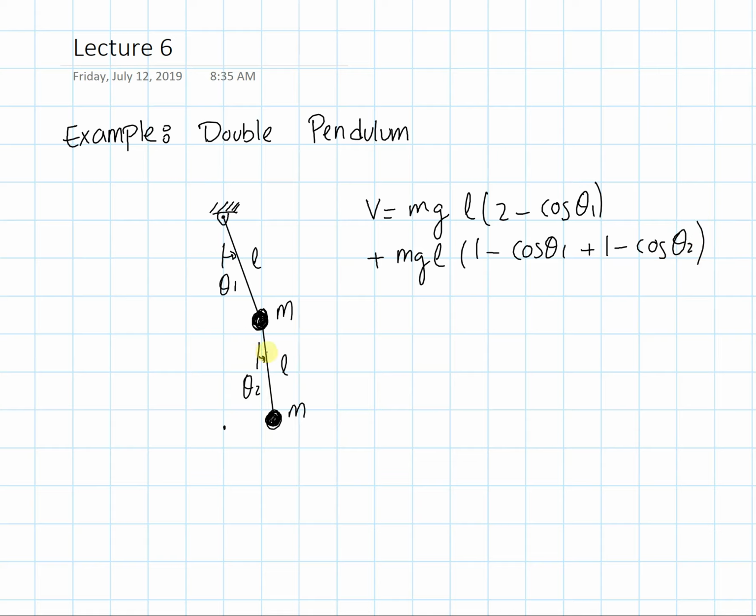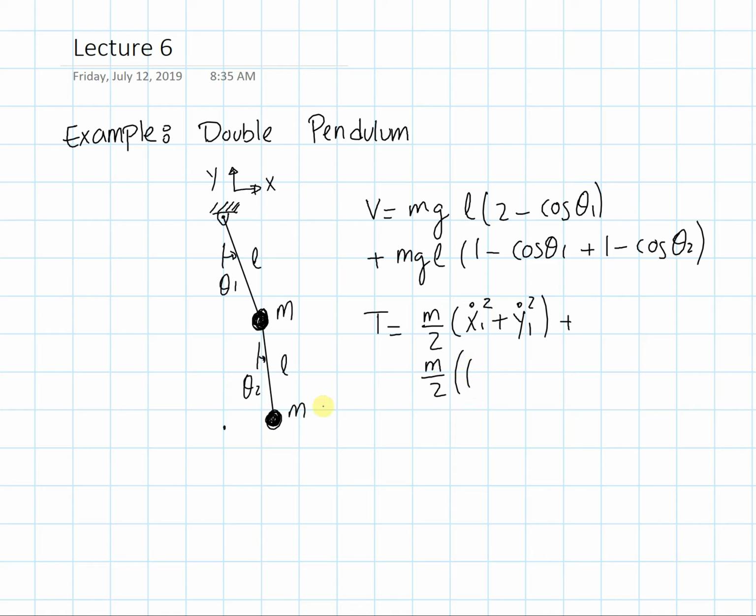For the kinetic energy, I am dealing with velocities. So if I'm thinking in terms of the x and y coordinates, I'll have m over 2 x1 dot squared plus y1 dot squared plus, again we're adding energies, m over 2.